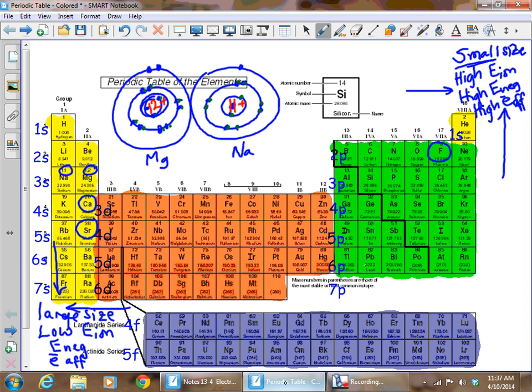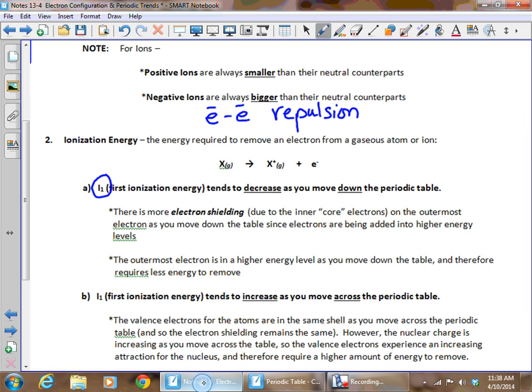So as you move across, you're going to get higher and higher energy required to remove the electron. Think about why. Once again, as you move across, you're going to get a greater and greater nuclear charge, which is going to attract those electrons stronger by Coulomb's law, and therefore require more energy to remove them.